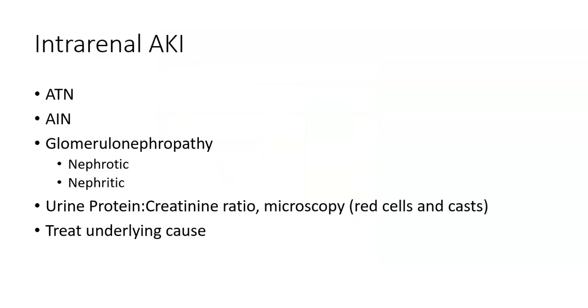And there is the surrounding interstitium around the tubules, which can be a focus of inflammation, known as acute interstitial nephritis or AIN. For these pathologies, ATN is usually the result of prolonged or severe renal hypoperfusion, and so essentially shares all the same etiologies as discussed for pre-renal acute kidney injury.